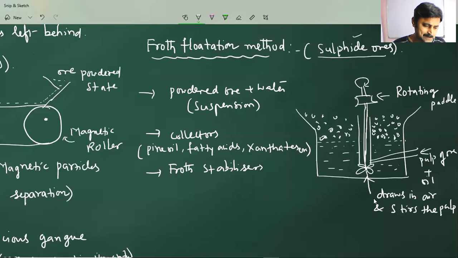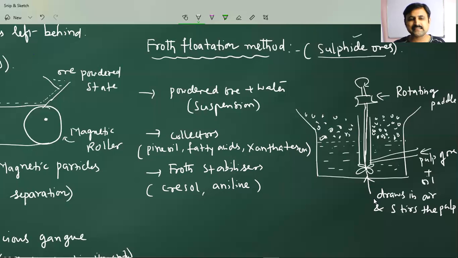These are cresols, aniline, and their derivatives, organic substances. They will stabilize the froth, and collectors enhance the non-wettability of the particles.